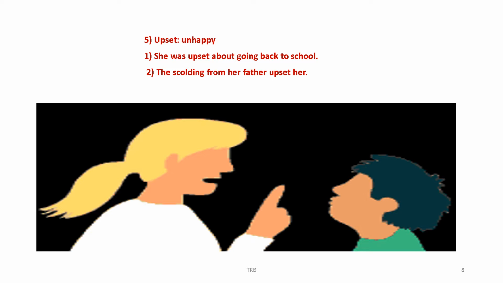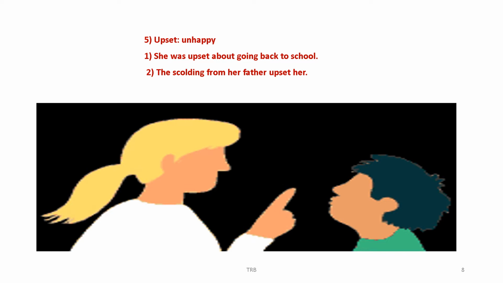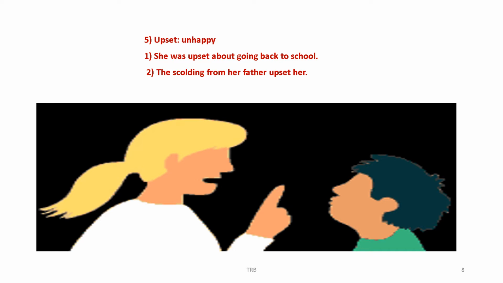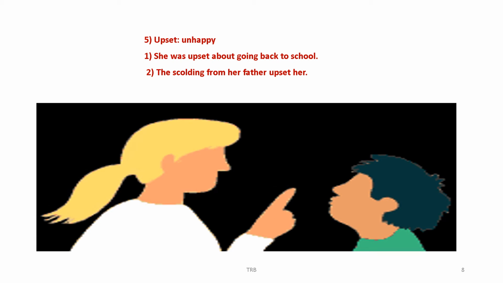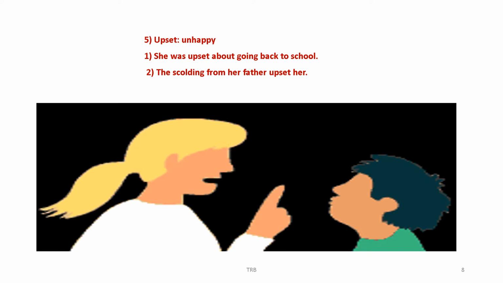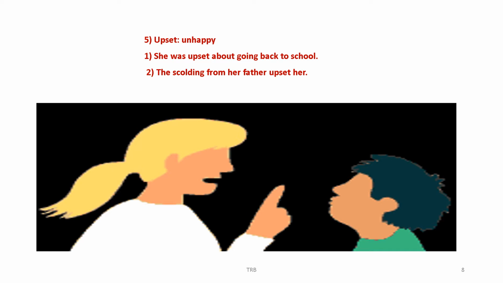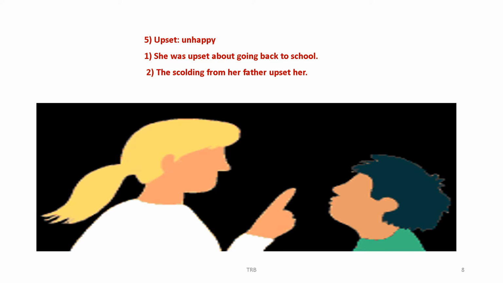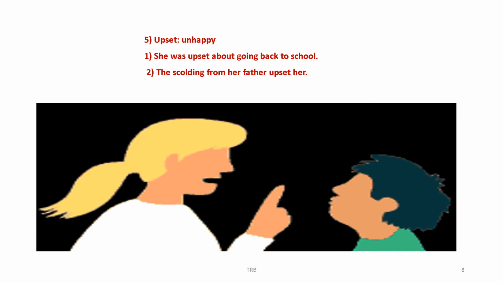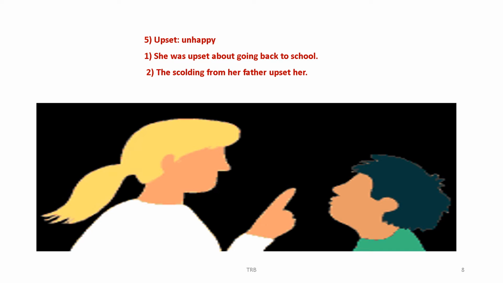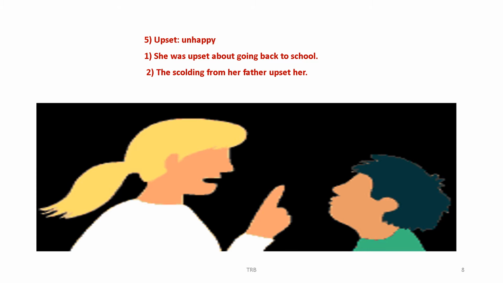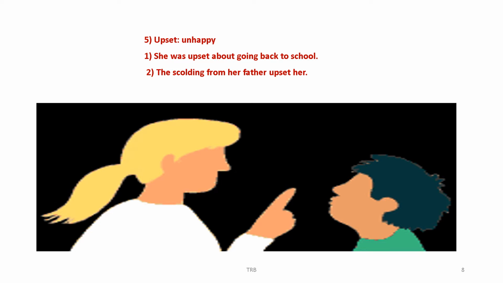Upset. Upset means unhappy. When somebody scolds you, you'll be upset, isn't it? That means your mind will work in different ways, as your friends have listened to the scolding of your teacher. Your friends were laughing when your teacher was scolding you. That's the reason teachers won't scold you in front of all the children.